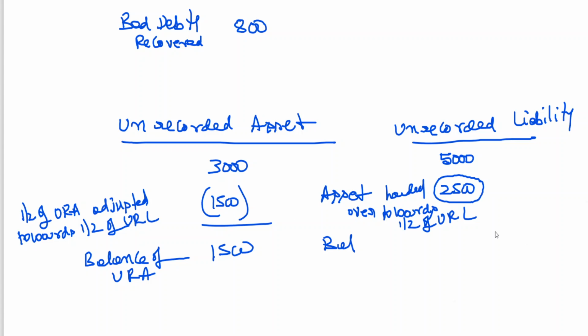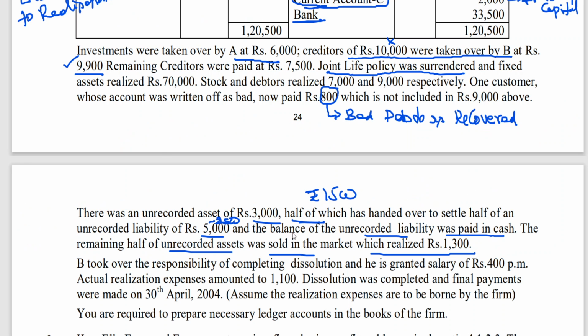That's it. So that means as if you have paid 2,500. Now, what is the balance? Tell me. 2,500 here, it is 1,500. Now, let us continue reading this.